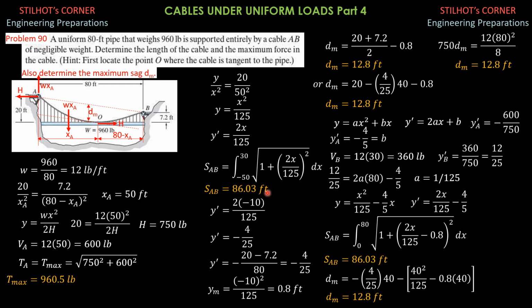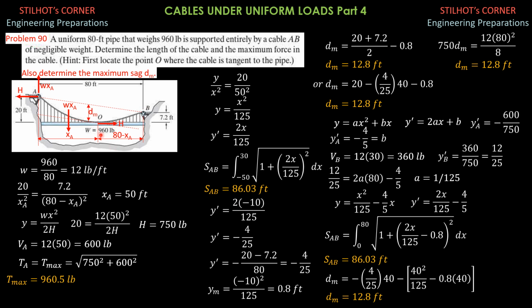Now for the maximum sag d sub m, take note this is the origin and the center is 40 feet, so half of 80 feet. So that means the center is 10 feet to the left of the origin. So the slope is equal to 2 times negative 10 over 125. Let us show that the slope at the point on the cable at the center is equal to the slope of the chord AB, because that's the principle.